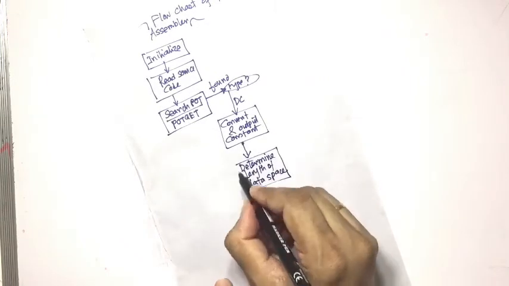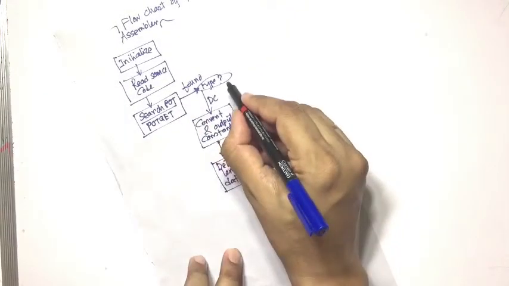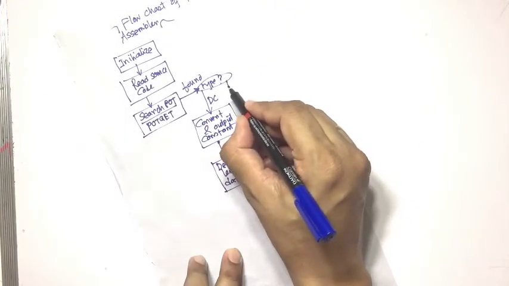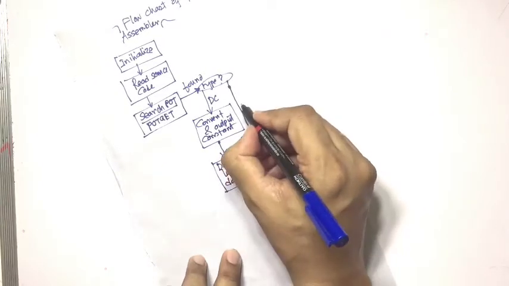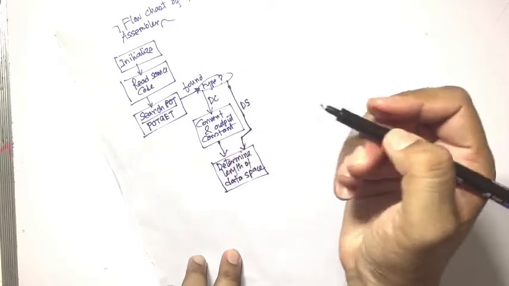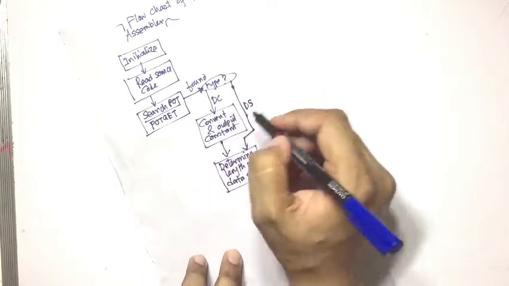This is the determination of length of data space. And if there is any DS statement, then directly we have to find the length. No need to convert them. If there is any DS statement, then we have to determine the length. No need to convert and output constant.